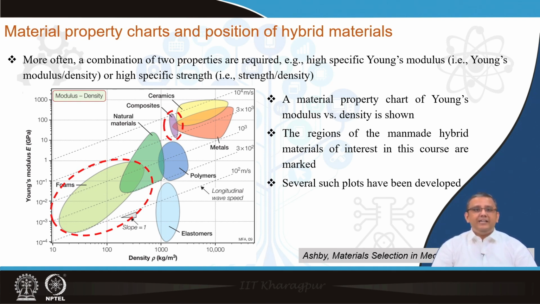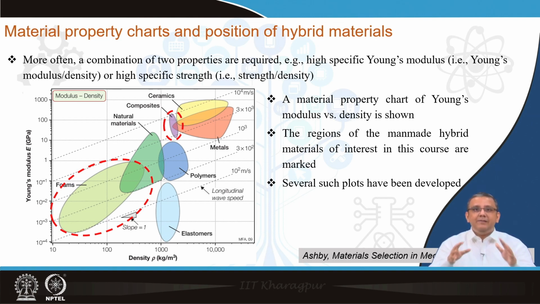Now, the first point that draws our attention is that the axes of the two plots are both logarithmic. These are not linear axes. Why? Because both density and Young's modulus vary over a wide range. Density varies over more than 3 orders of magnitude, whereas Young's modulus varies over almost 7 to 8 orders of magnitude.